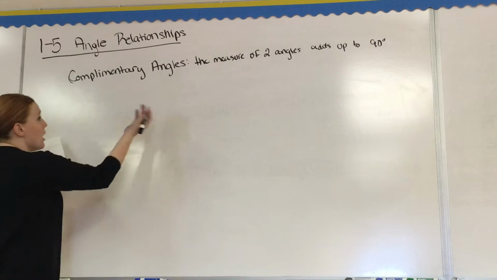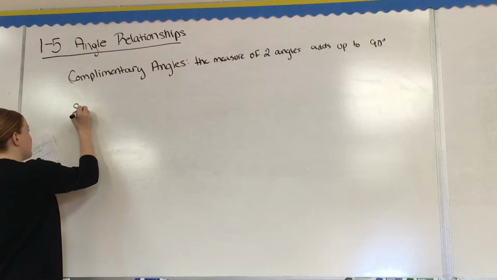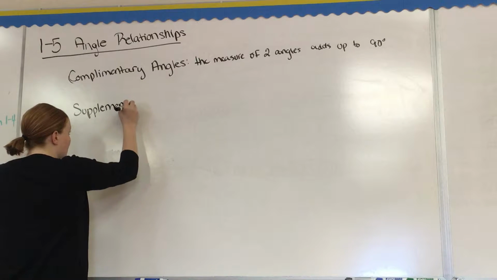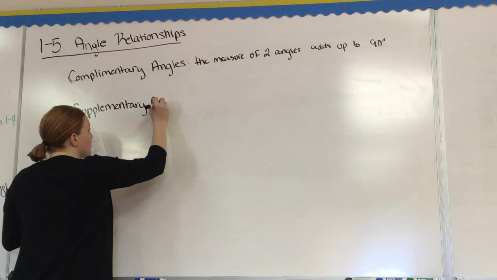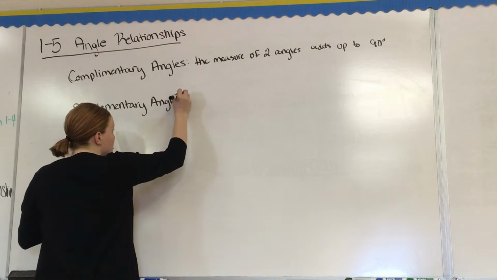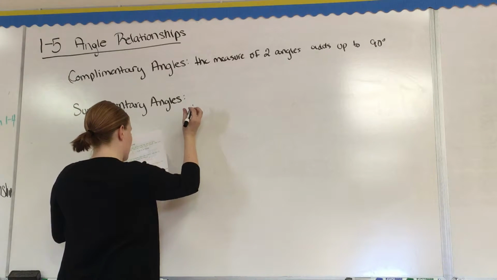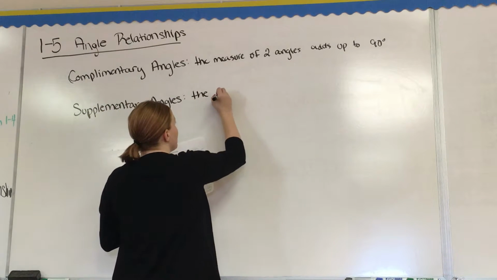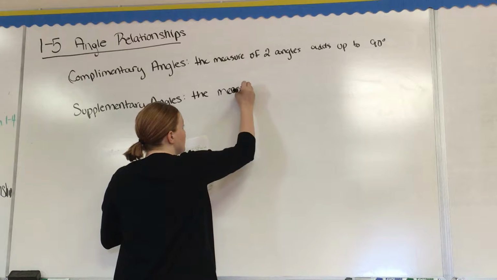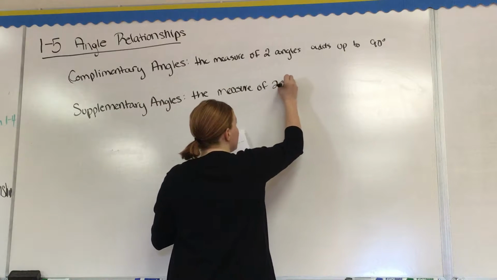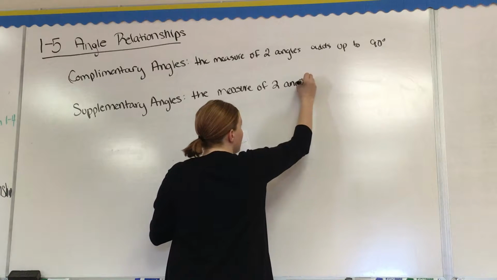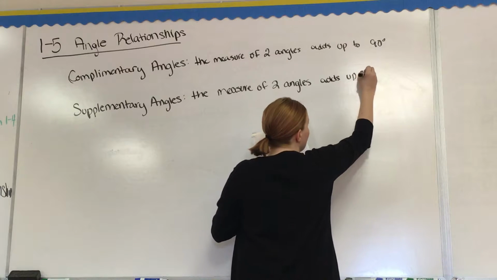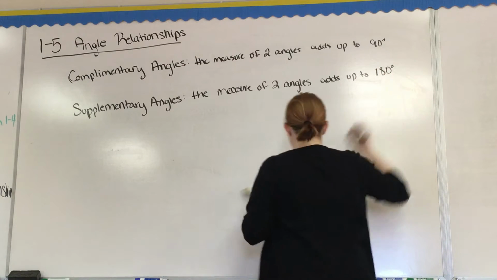Perfect. Now the opposite of complementary is supplementary. So supplementary angles are two angles with measures that have a sum of 180 degrees. The measure of two angles adds up to 180 degrees.